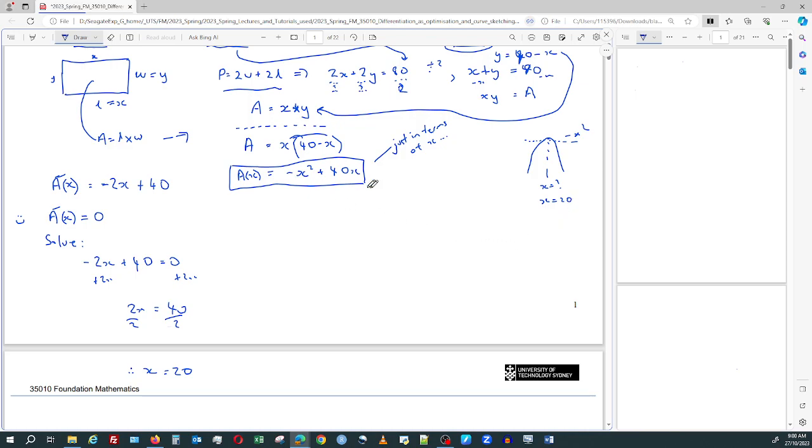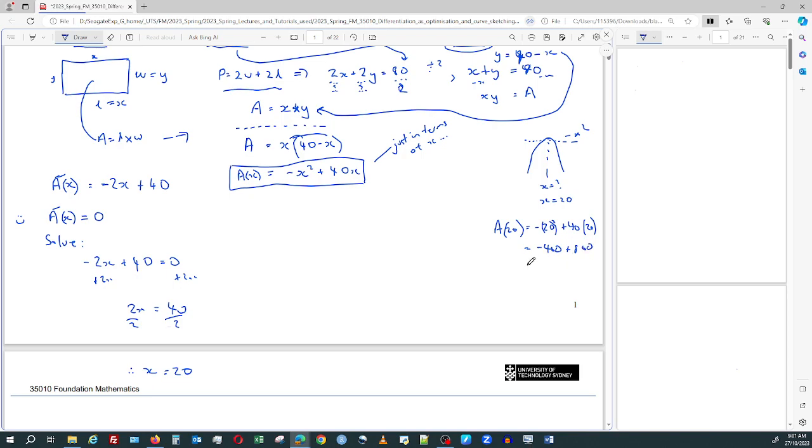Now, if we go back to the original function, the undifferentiated function, and put that 20 in, we will find our height. So minus 20 squared, put the bracket in because the minus is not part of that squaring, and so we'll get plus 40 times 20. 20 squared is 400, and 40 times 20 is 800.